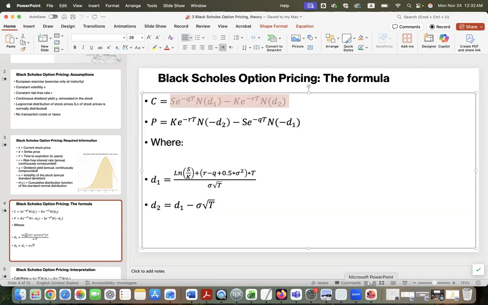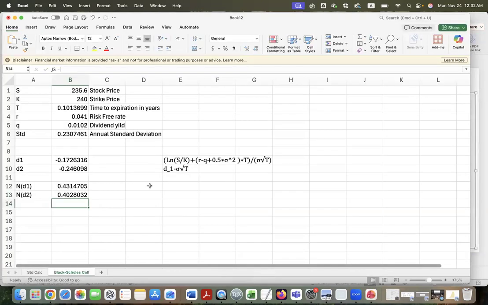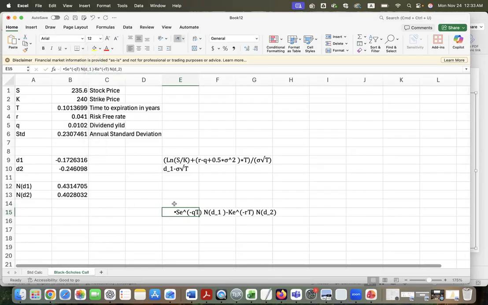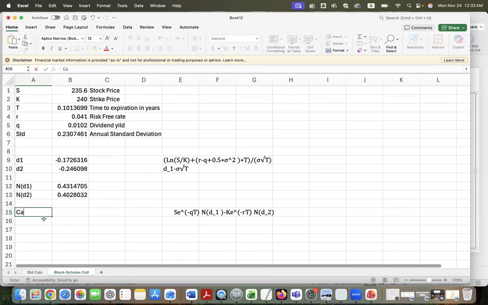So this is super easy and straightforward to calculate for the Black-Scholes model for call. Let me just have that maybe here. Make that smaller. Okay, and then let's do this. So here, call option.